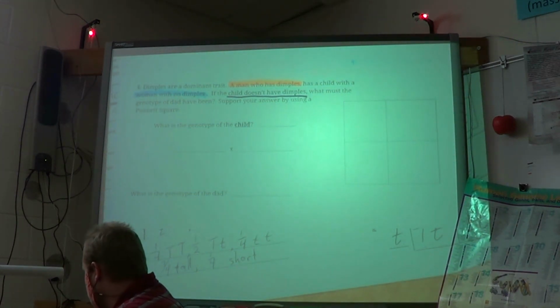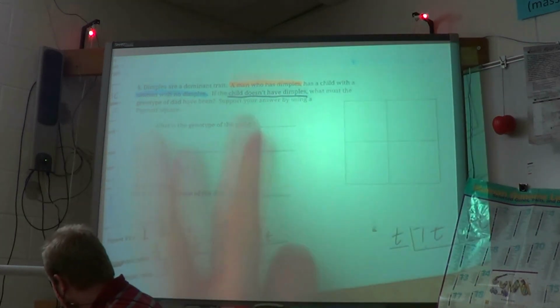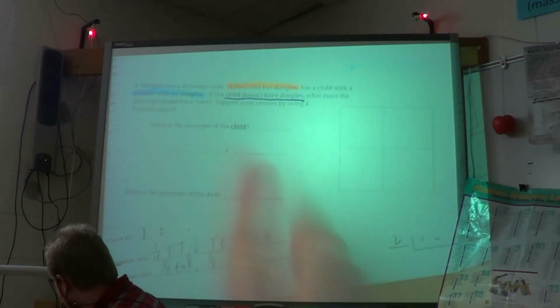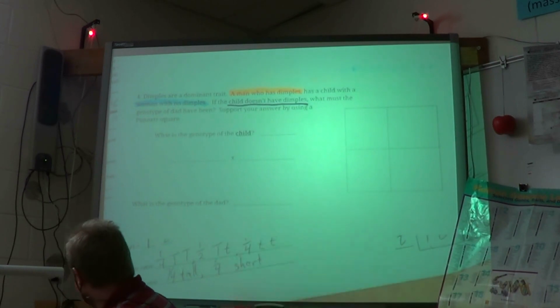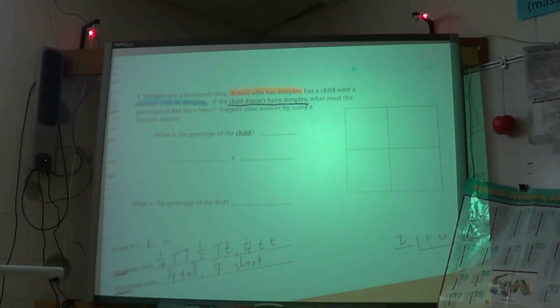Support your answer with a Punnett square. I'd start with this. What must the genotype of the child be? Then what's the genotype of mom and dad? Do a Punnett square to then kind of check that one. It's kind of a work backwards kind of thing. So why don't you give that a quick try?